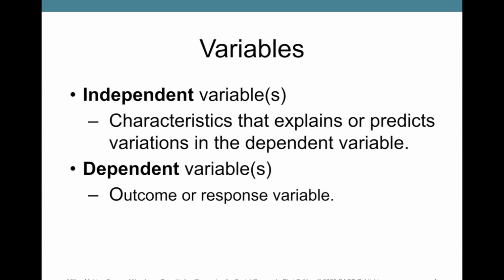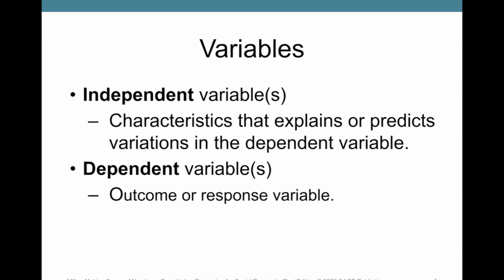So there are two types of variables in research. One is independent. These are characteristics such as race, gender, socioeconomic status, and disability status, that explain or predict variations in the dependent variable. Second is dependent, an outcome or response variable.